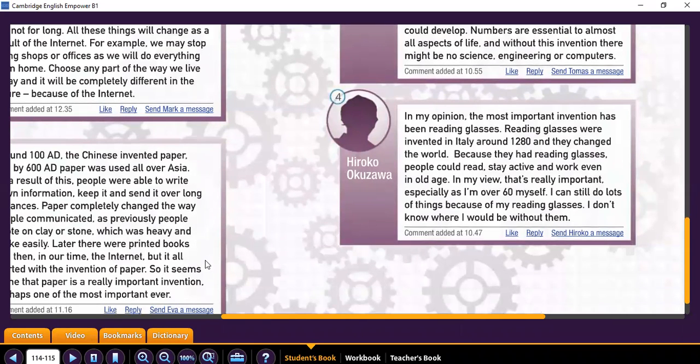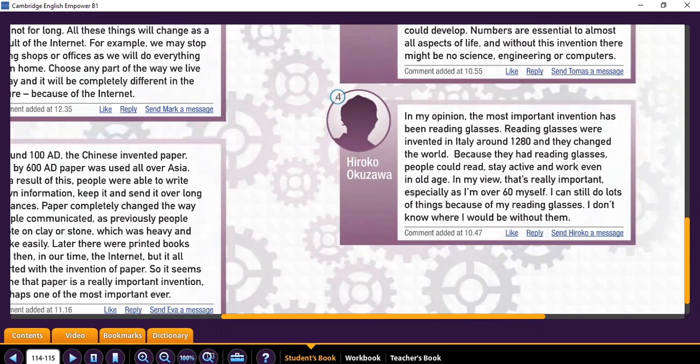What about the latest? Internet, right? Internet no es tan viejito, tiene más o menos 32 años de existir. So it's not so old.